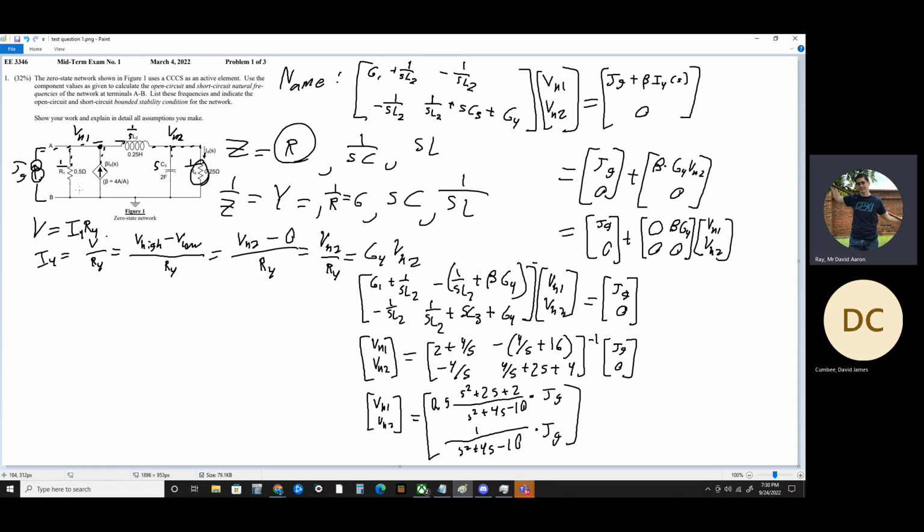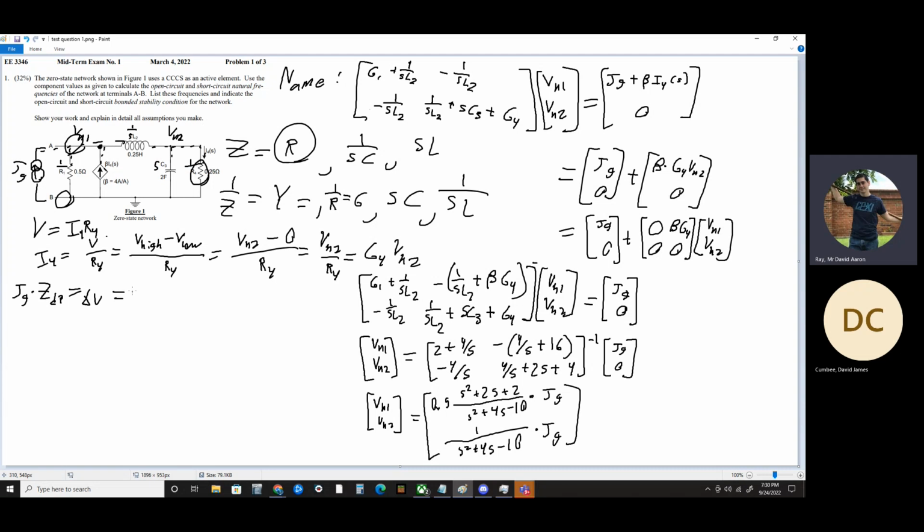So now, for this problem, to find the driving point impedance, we are going to have JG times ZDP equals the change in voltage. So high minus low. Actually, I'm not going to worry about high minus low, but I see that this is 0.